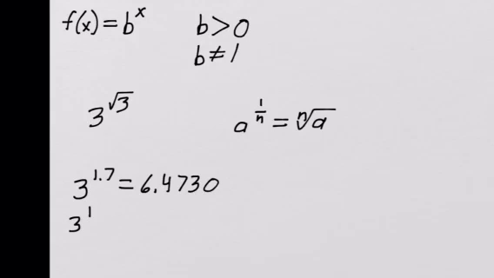Then 3 to the 1.73, and that gives us 6.6899. And we can keep on going along this. 3 to the 1.732.